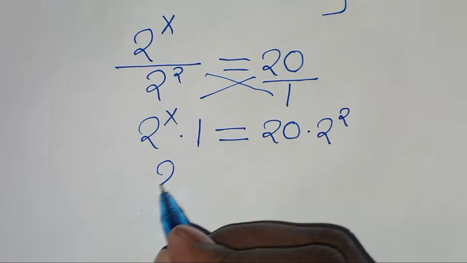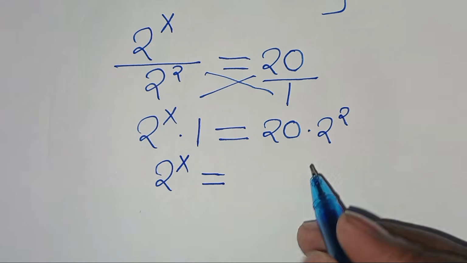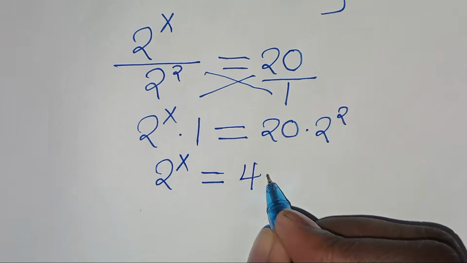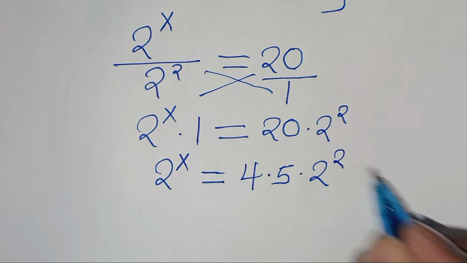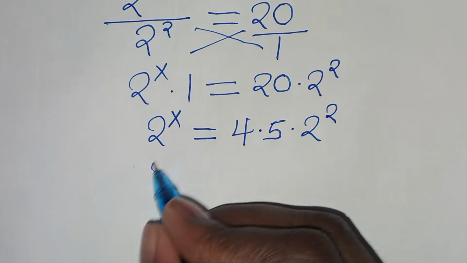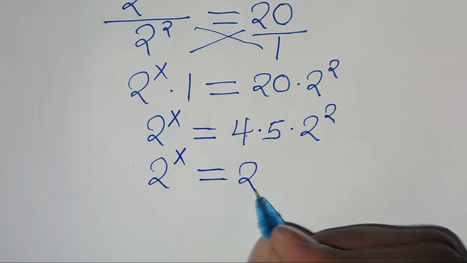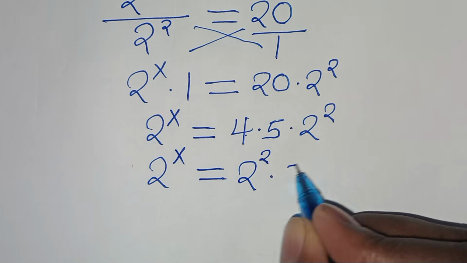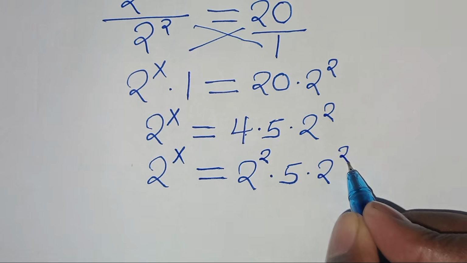So this is 2 to the power of x is equal to 20, which you can express as 4 multiplied by 5, multiplied by 2 to the power of 2. So we have 2 to the power of x is equal to 4, which is 2 to the power of 2, multiplied by 5, multiplied by 2 to the power of 2.